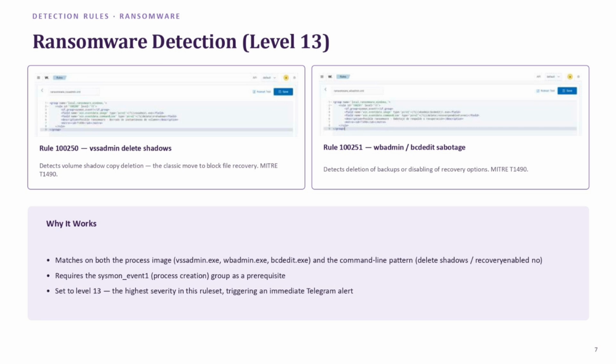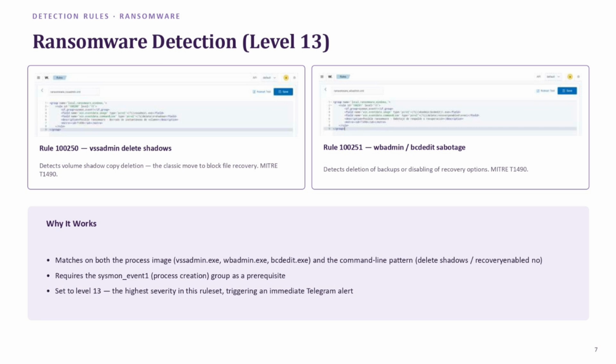Now let's move to the detection rules. I will start with ransomware, which is level 30, the highest severity in my rule list. I created 2 rules. Rule 100250 detects deletion of shadow copies, so the victim cannot recover the files using Windows built-in recovery.